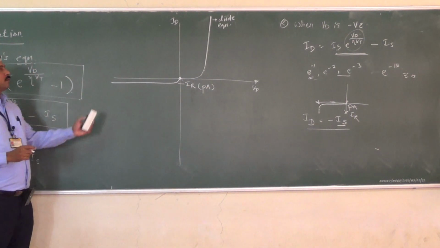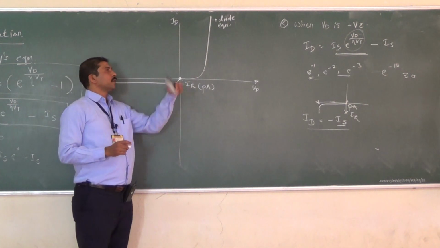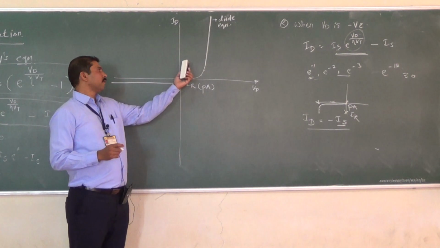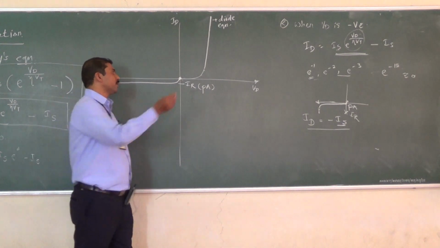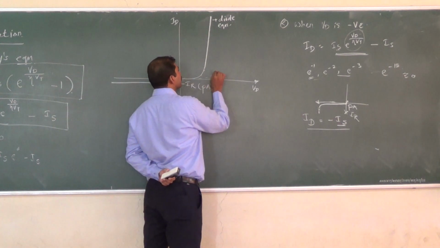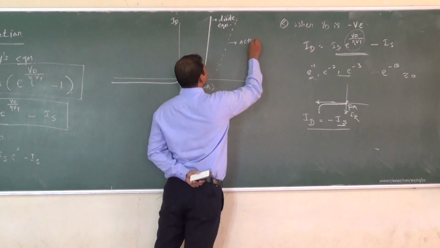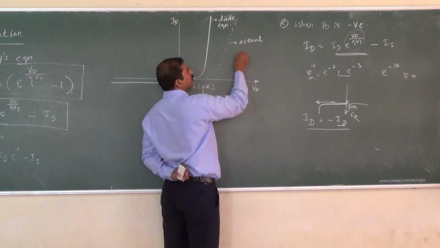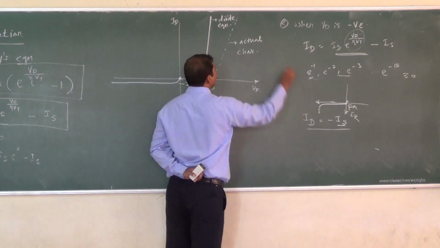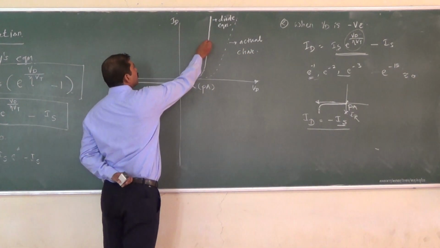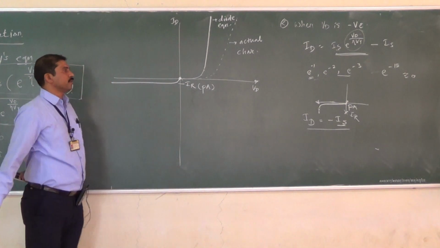Now this graph, whatever we have drawn, looks like the actual VI characteristics, but if we compare it with the actual VI characteristics, the dashed line is the actual characteristics determined experimentally, and this is obtained by using the diode equation.